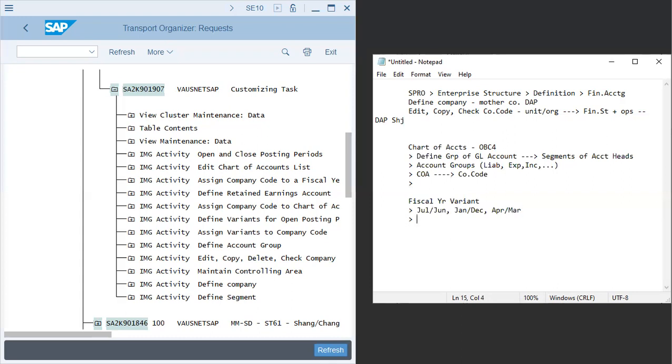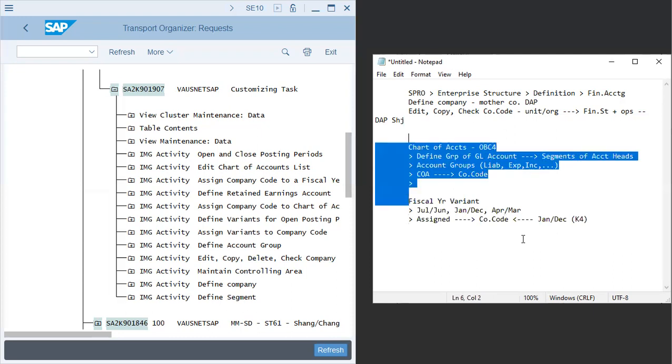So based on accounting jurisdiction and country practices, we assign a fiscal year variant. Okay. And these are assigned to company code. So usually we assign Jan to December, which is K4. Okay.